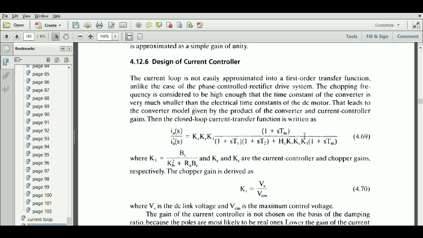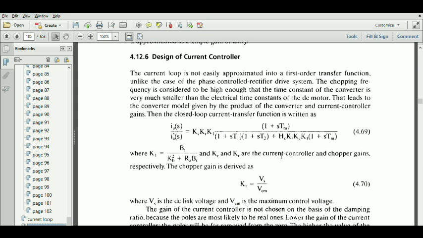If you rearrange this, you will get the open loop transfer function, that is KC KR into K1 into 1 plus STM divided by 1 plus ST1 into 1 plus ST2, and HC, since the system is fed back through HC.